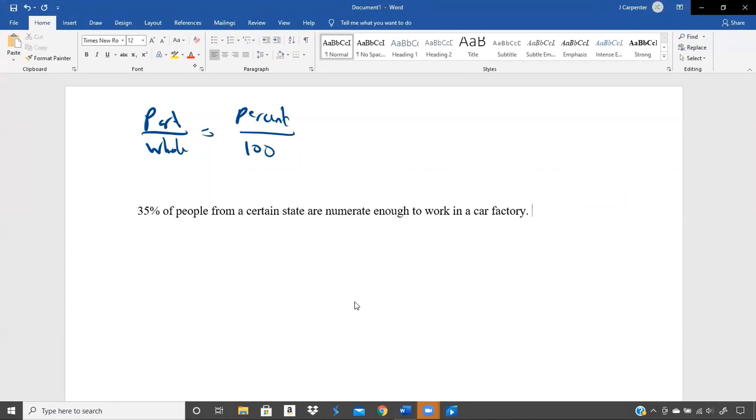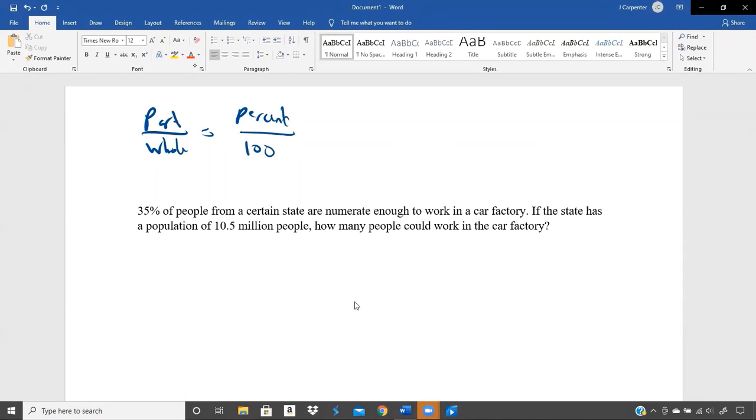I've got to do some light programming to get the cars built, whatever. If the state has a population of, let's go, 10.5 million people, how many people work in a car factory?